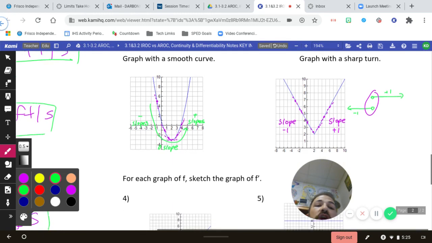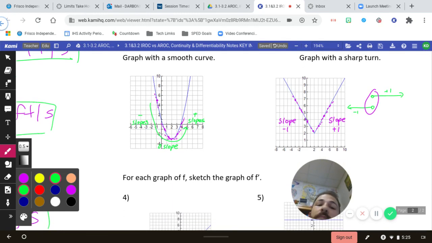If I have these sharp turns, like this sharp point on an absolute value function, or a cusp, which is another kind of sharp turn, then I can't find my derivative there because of that sharp drastic change in slope. It doesn't make sense if I was to try and graph it.